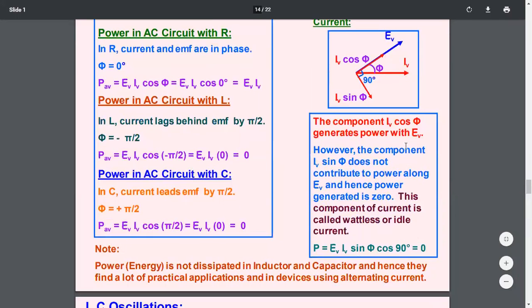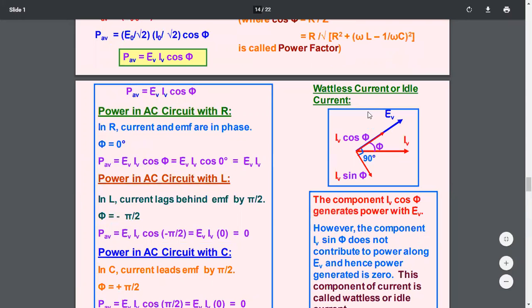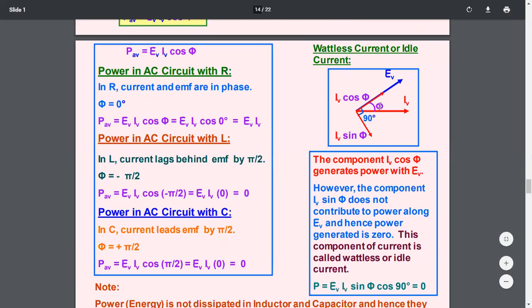Now let us check out a phasor diagram for the LCR circuit and then correlate it with the power. Here we see that across the resistive circuit, current and voltage are in the same phase. Therefore, the phasors representing voltage and current will coincide.